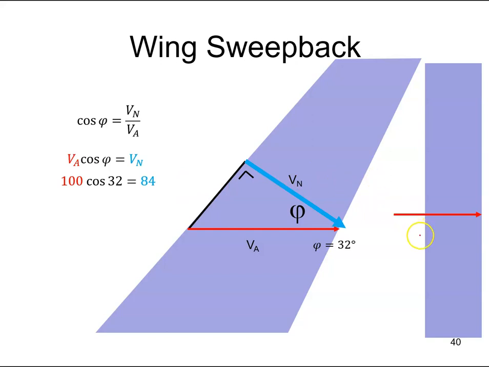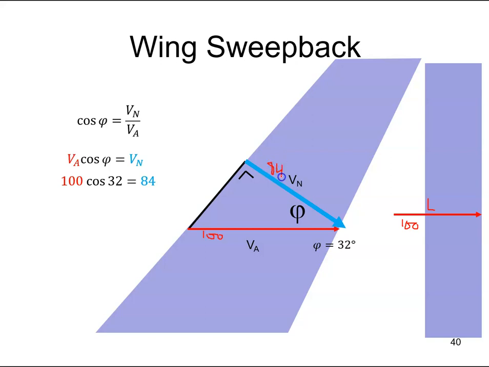If I had a wing with a rectangular planform and this was 100 meters per second, then the airflow normal to the wing would be 100 meters per second. With the sweepback, the actual airflow that goes over the wing, normal to the wing, turns out to be 84.